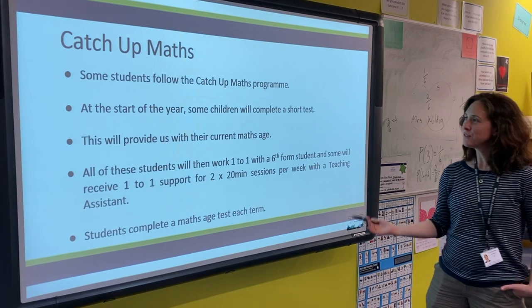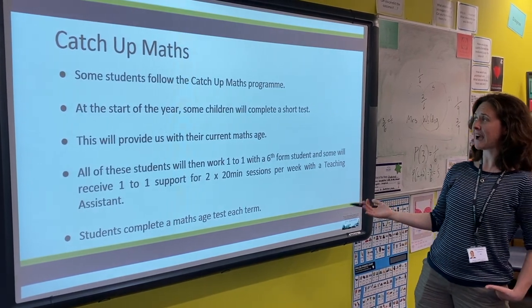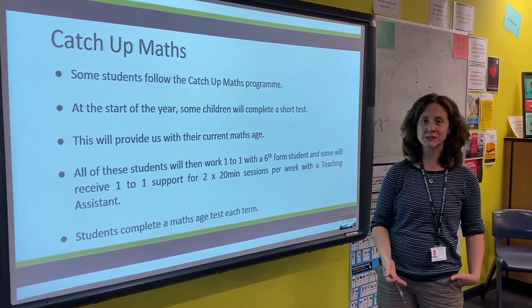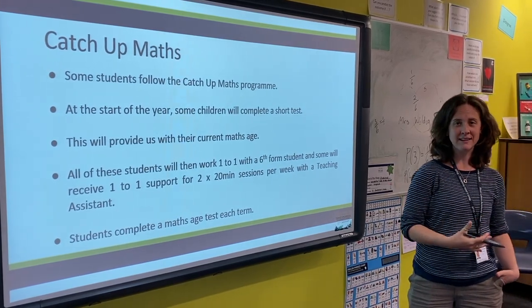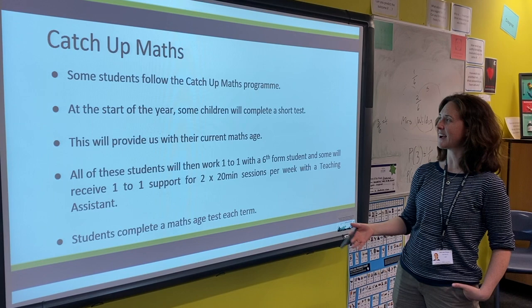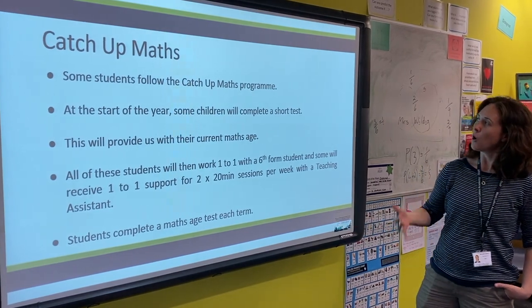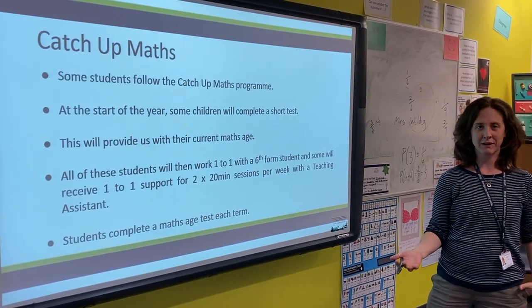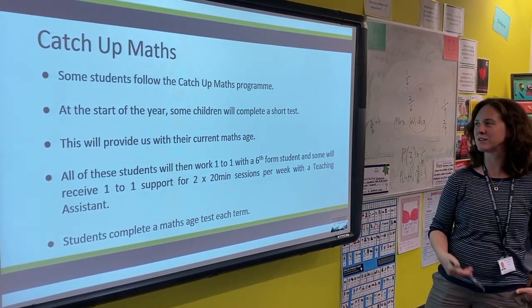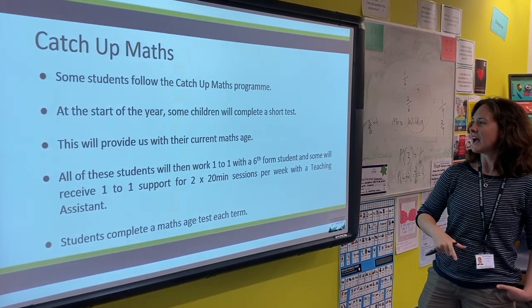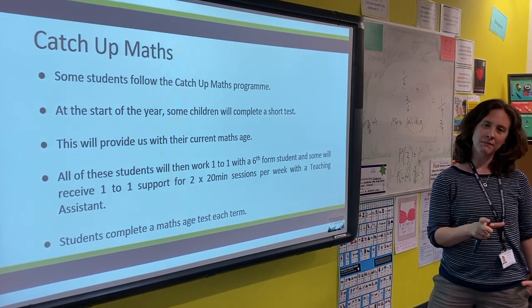One thing that is important to know is about our catch-up maths programme. All our students, when they come into the academy, will come in with various bits of data that we look at and analyse and decide which students would be best suited to our catch-up maths programme. These students will take a maths age test, which is a short test, and that will come out with their current maths age.